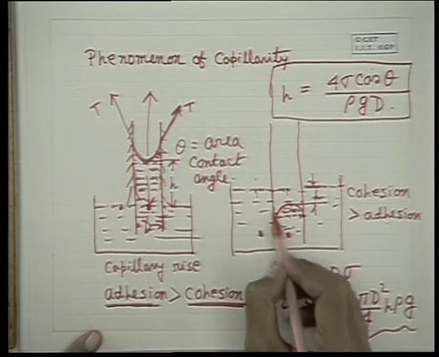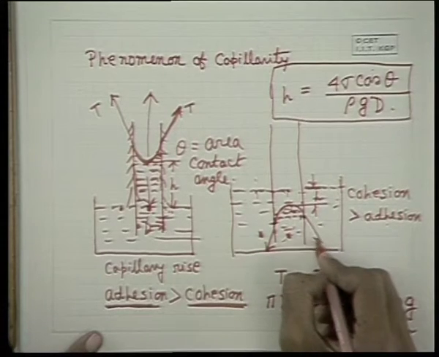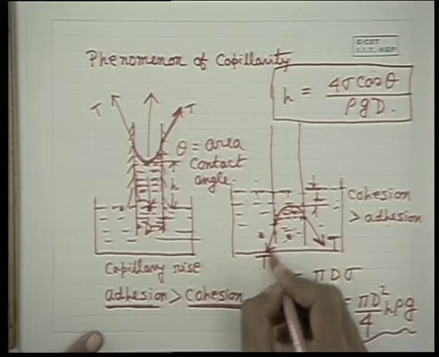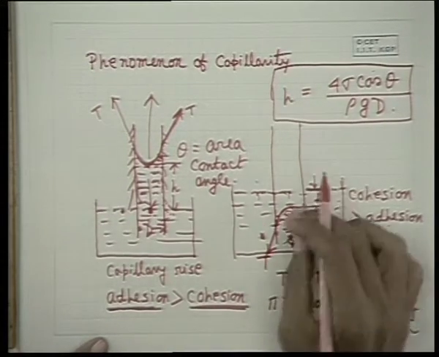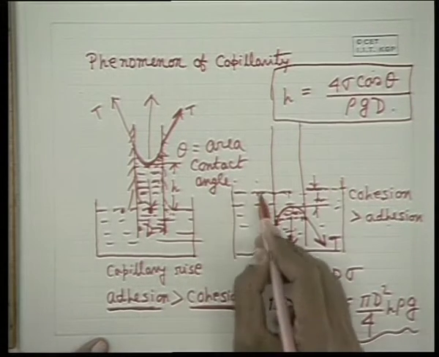That means they come below the free surface, and the surface tension force will act in this direction. So the vertical component of this surface tension force acts in this direction, which is added up with the pressure of this less height, and will make the balance of the pressure here.